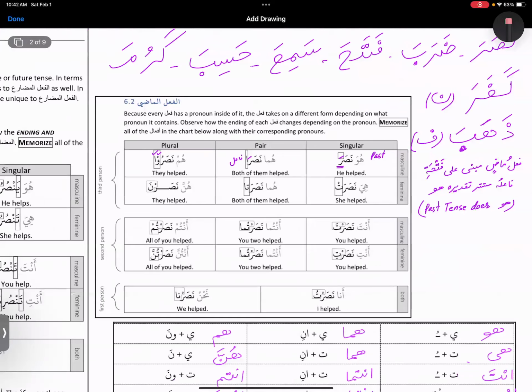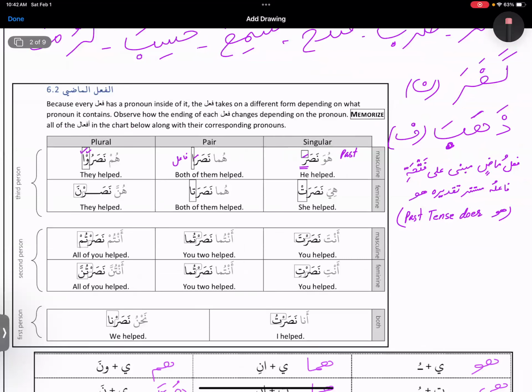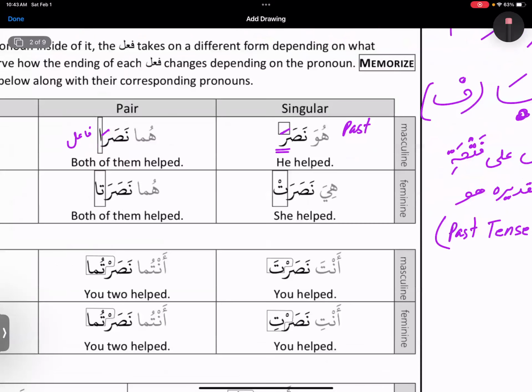Okay, then comes Nasarat. Now, again, should I call it mustatir or is it showing? Nasarat is mustatir, even though I can see this ta over here. This ta is not the fa'il.